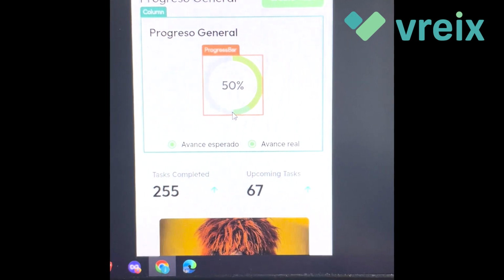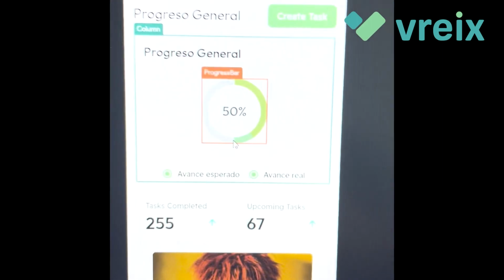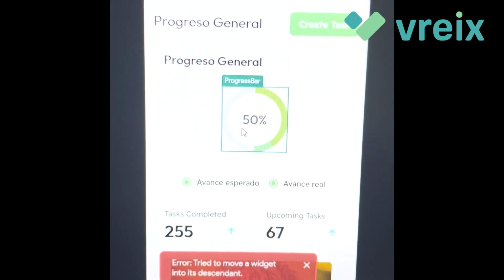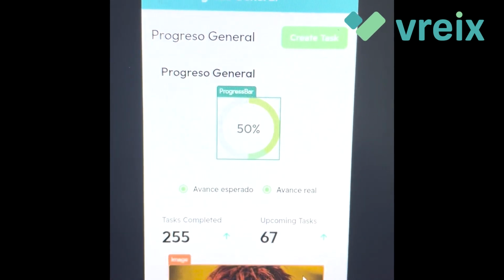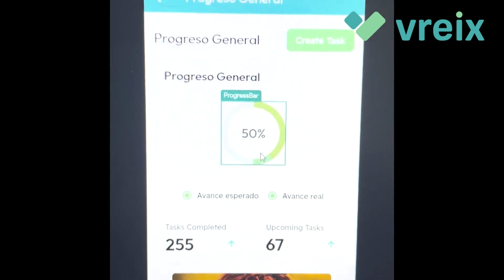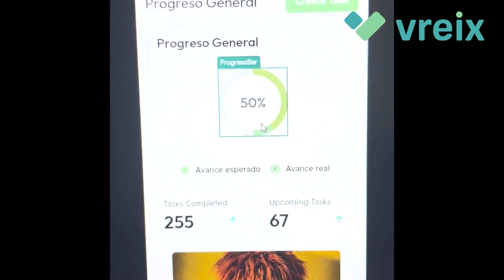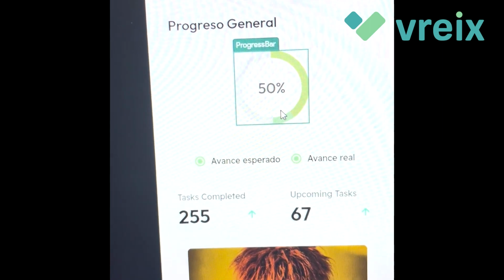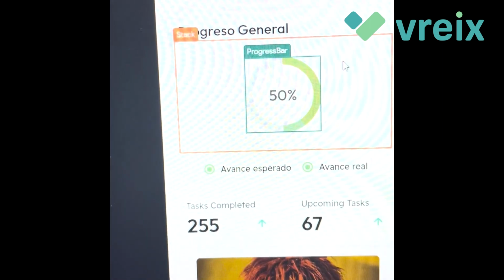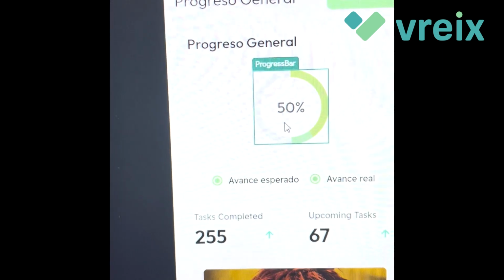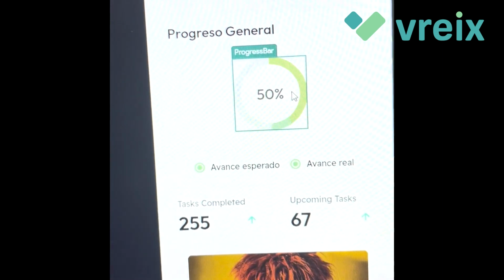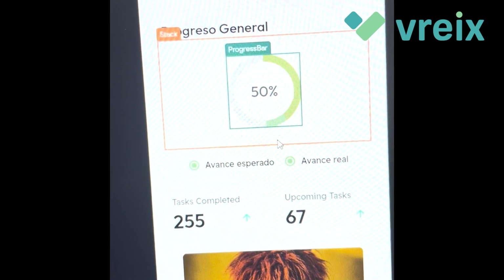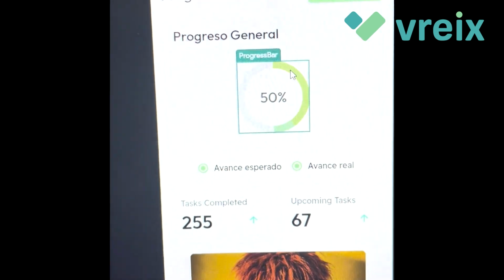So this is the general progress screen. We have this chart here that shows the progress of the project. And we have two bars, and it was the hardest part of the day because I didn't know how to put two bars, one for the real progress and one for the expected progress.